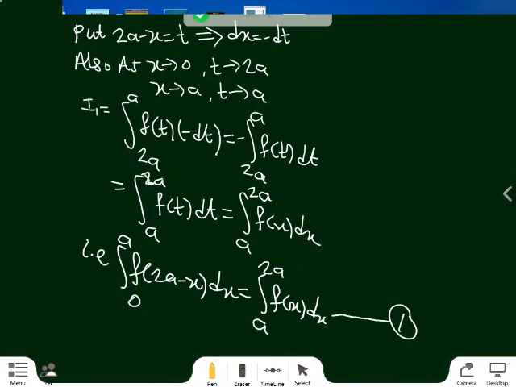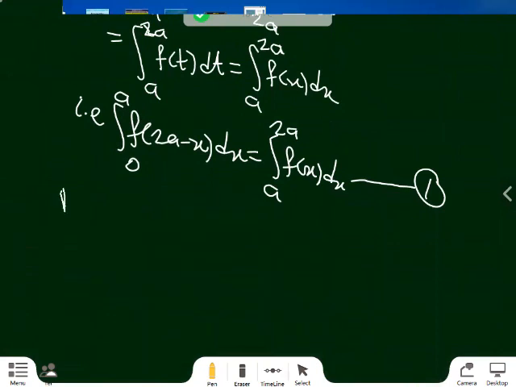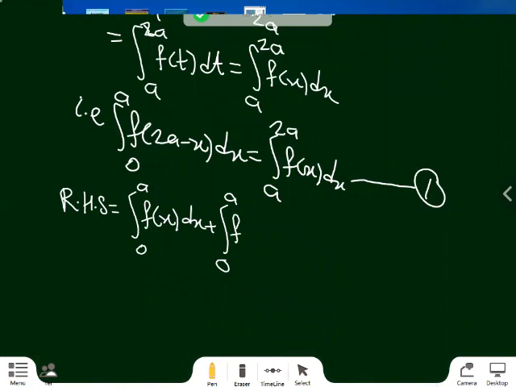Now, after giving it equation number 1, consider the RHS of the property. RHS is integration from 0 to a f of x dx plus 0 to a f of 2a minus x dx.